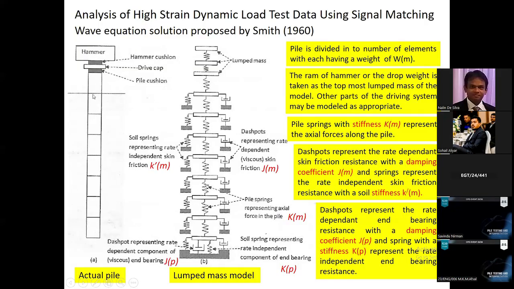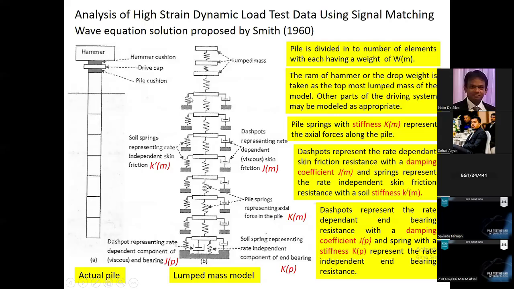Then the pile is in contact with the surrounding soil, right? So the soil pile interaction is represented by this spring and the dashpot. The dashpot will represent the damping characteristics, the energy absorption, right?